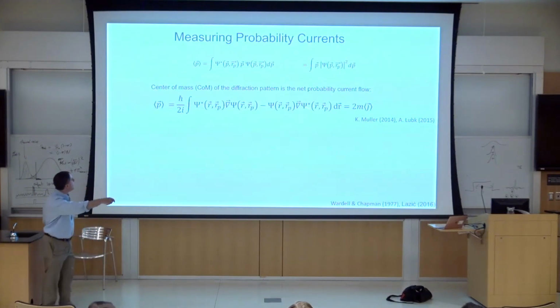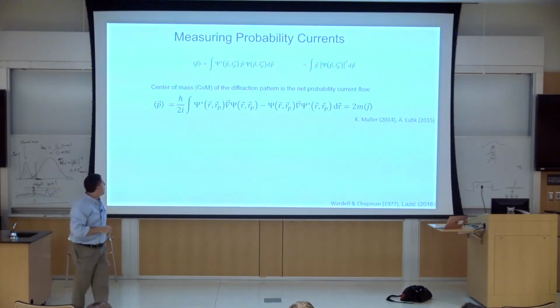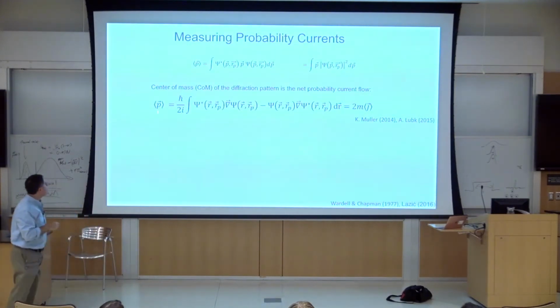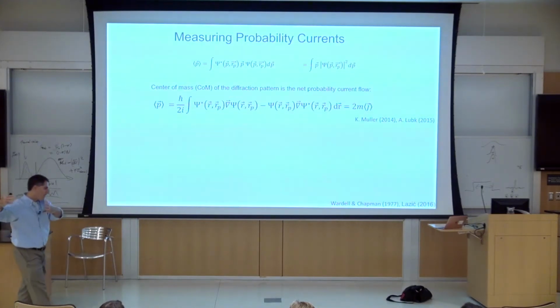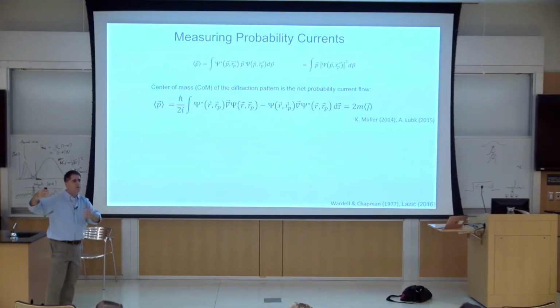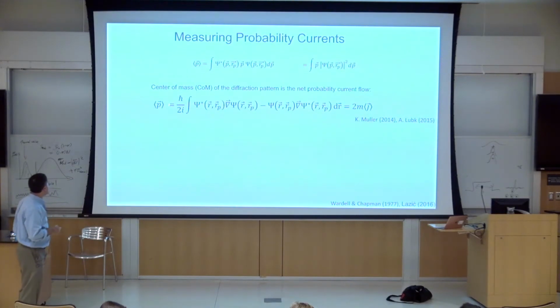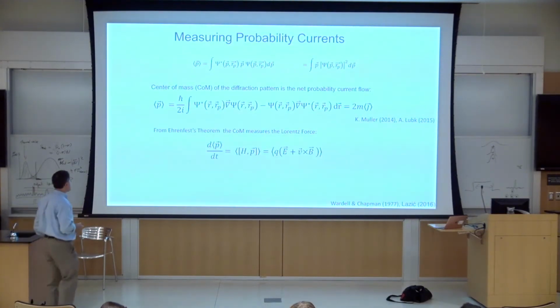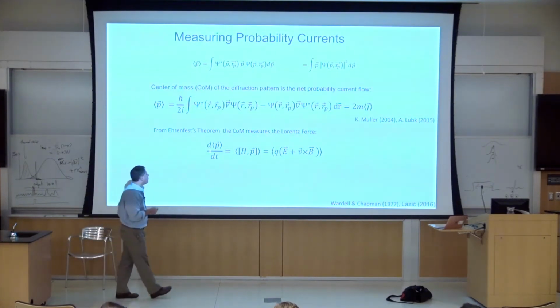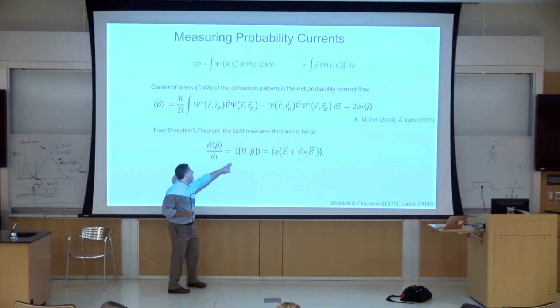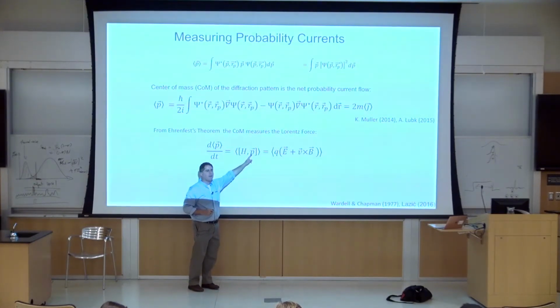Quantum mechanics people, what is this operator? Probability current, right? So the center of mass of my diffraction pattern on the detector is the probability current flow. It's measuring how electrons are flowing from one place to another. The net momentum transfer, from Ehrenfest's theorem: the time evolution of the expectation value of momentum is the commutator of the Hamiltonian with the momentum operator.